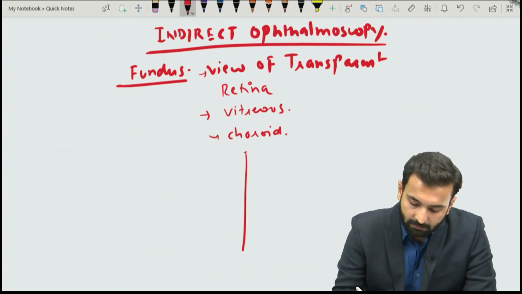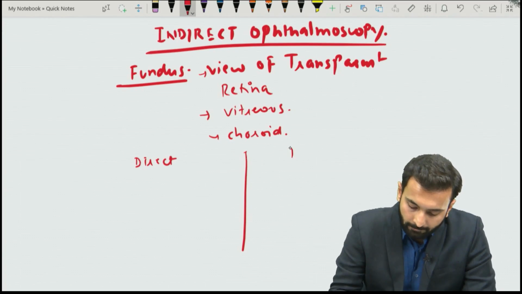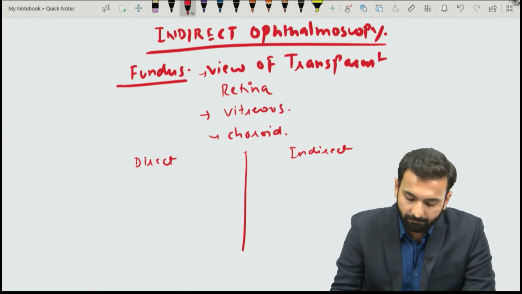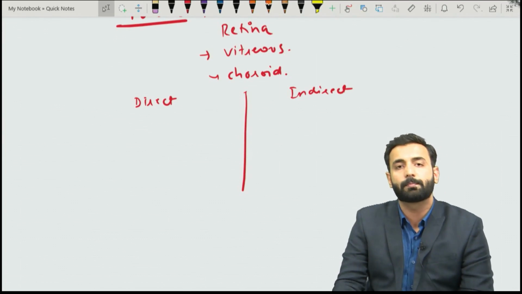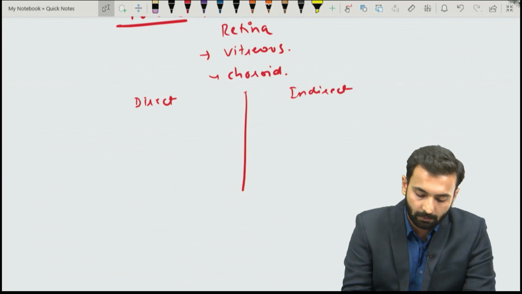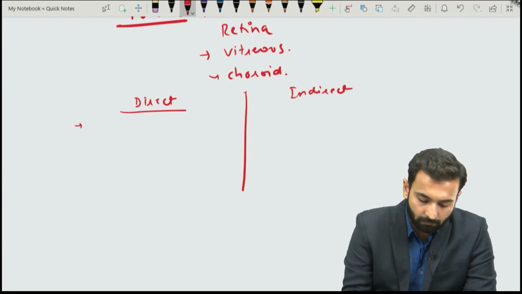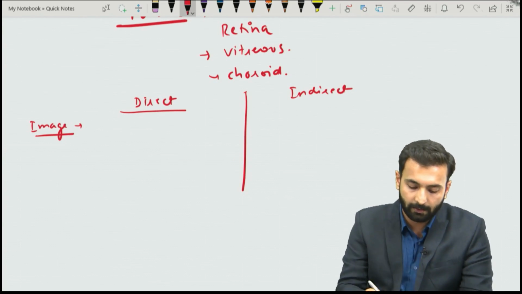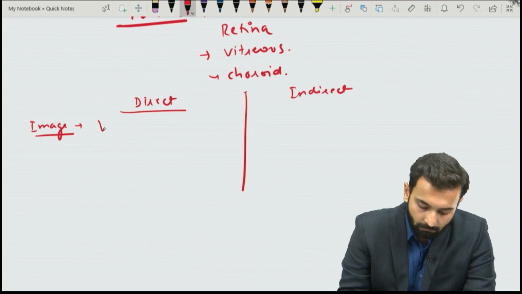So let's discuss briefly the differences between direct and indirect ophthalmoscopy. In direct, what type of image is seen? It is virtual and erect.